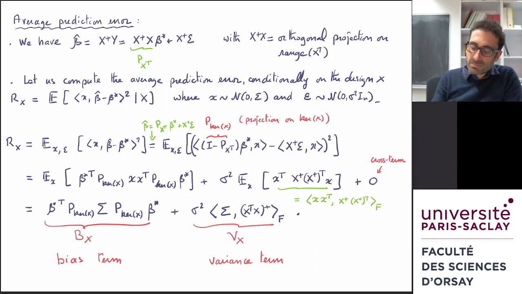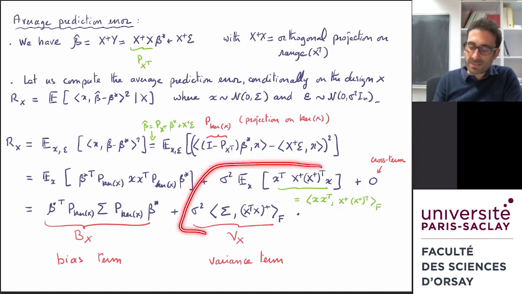And x plus transpose, you can check that it is equal to x transpose x plus, okay? So when I take my expectation, this term does not depend on small x, so my expectation will be only on this term. Since I have something linear, the expectation of this term will give me sigma, and this term will give me this term, all right?